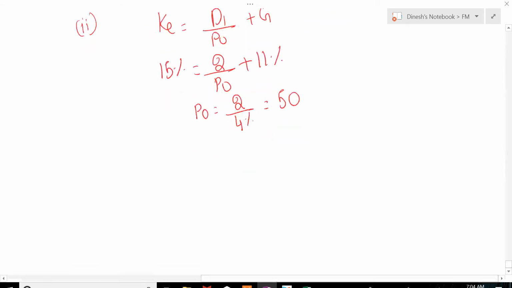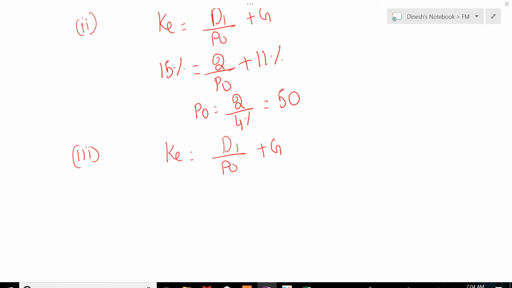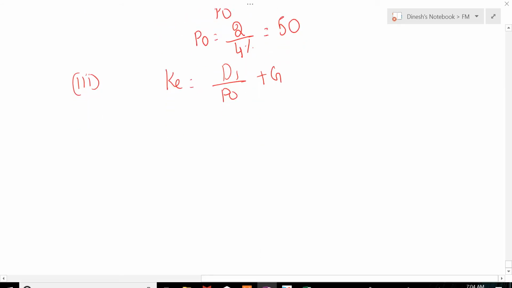Next, third part. Again same formula. K is equal to D1 by P0 plus growth rate. K is how much? 2 by P0.